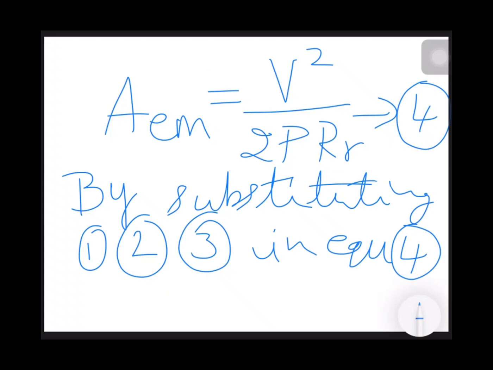So to derive the maximum effective aperture for a lambda by 2 antenna, first of all we need to know what a lambda by 2 antenna is. As the name suggests, it is an antenna where the total length of the antenna is half of its wavelength.